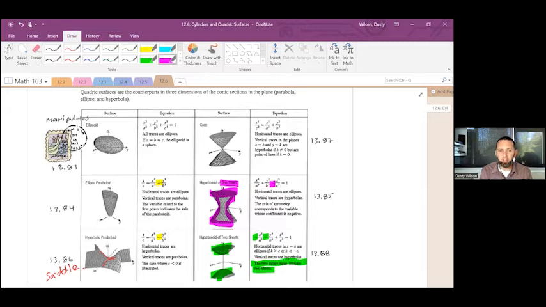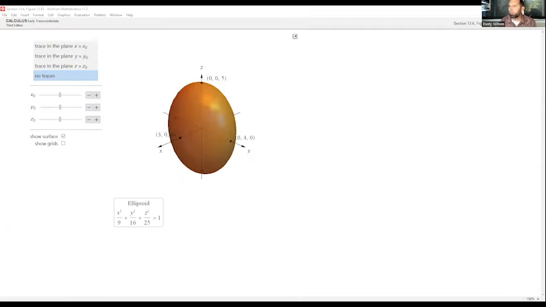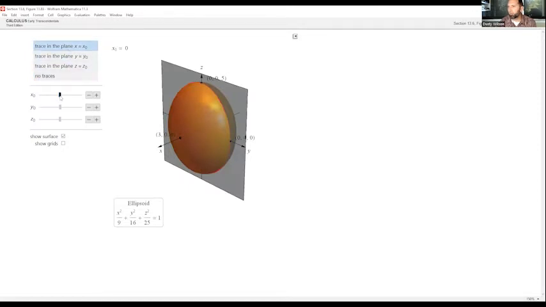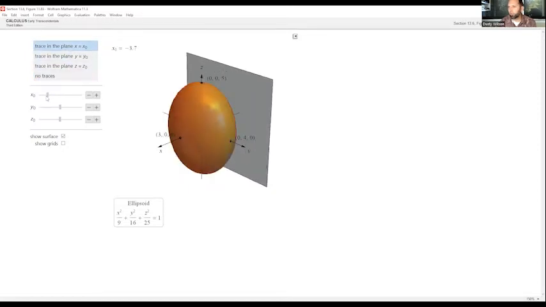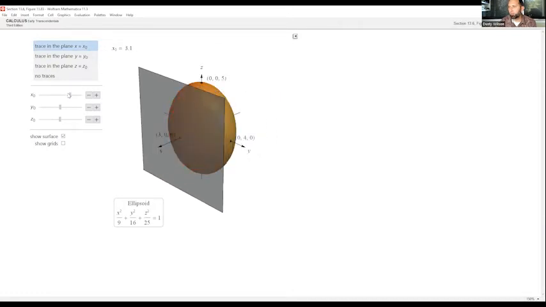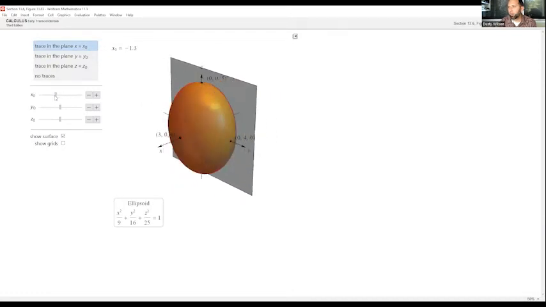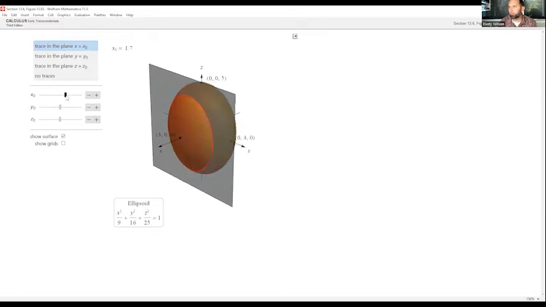Let's look at some animations to help us understand each of these 6 shapes. So this is an ellipsoid. What I want to point out is that the traces are going to be ellipses in all directions. Remember, the trace is the curve where the surface is intersected by a plane parallel to one of the coordinate planes.